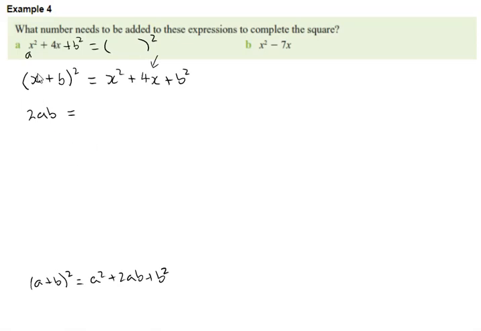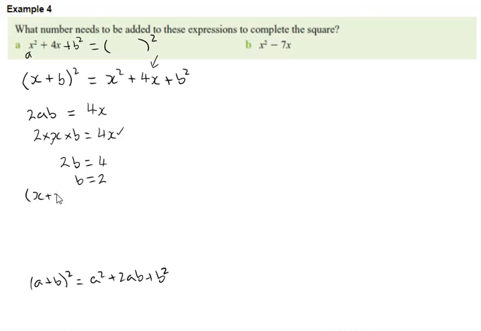I know that our a is our x, and we know that equals 4x here, so 2 times x times b equals 4x. If we ignore the x's because the x's match up, we end up with 2b equals 4, so b equals 2.